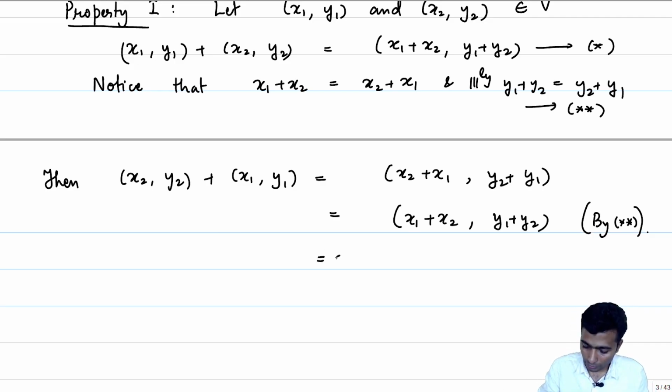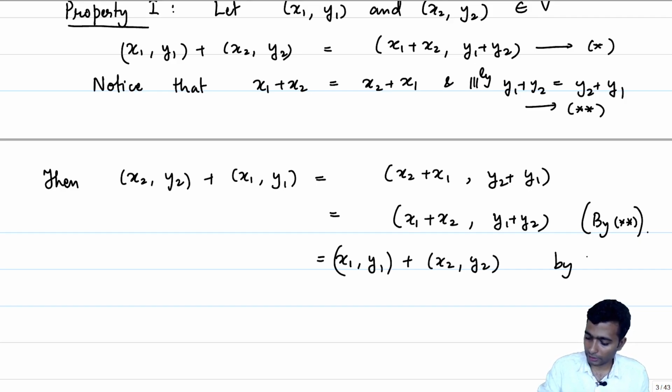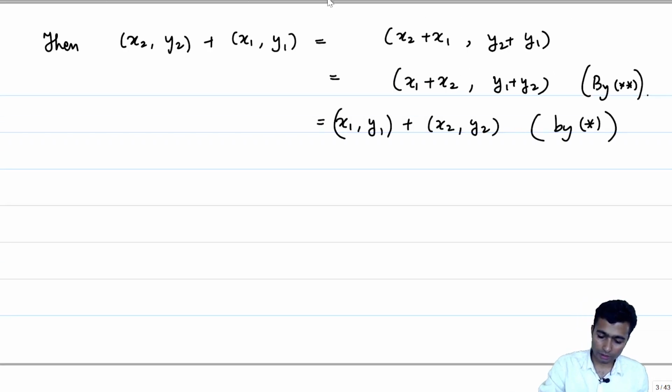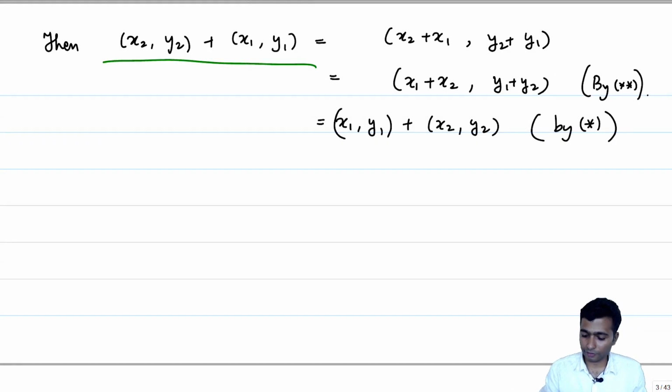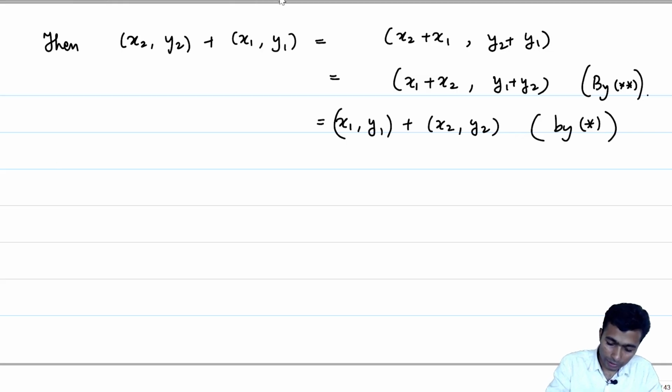This is equal to x1, y1 plus x2, y2 by star above. So, basically what we have established is x2, y2 plus x1, y1 is the same as x1, y1 plus x2, y2, thereby establishing commutativity. So, yes, property 1 is satisfied.